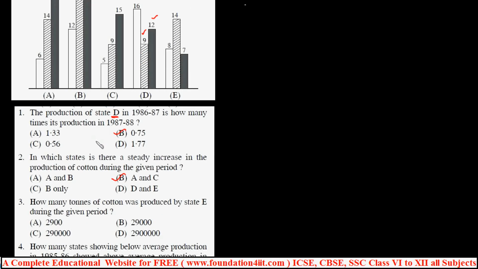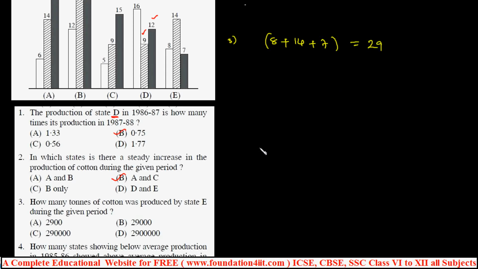And the third one: how many tons of cotton was produced by state E during the given period? State E is 8, 14, 7. Let us add this: 8 plus 14 plus 7 is equal to 29.